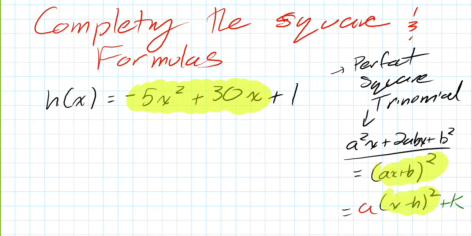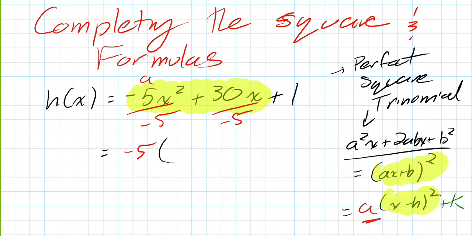So in order to do that, some teachers will focus on all three terms, but you can really just focus on the first two terms if you like. Whatever the a value is, in this case it's -5, you can common factor out the a value from the very first two terms. So -5 comes to the outside, which is great. We already got the a value of the vertex.